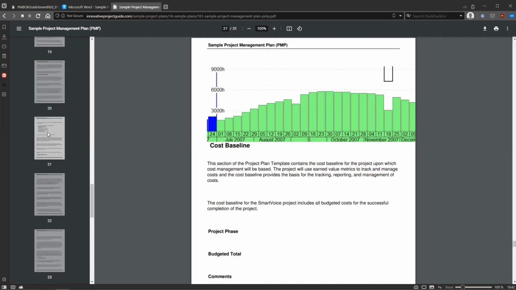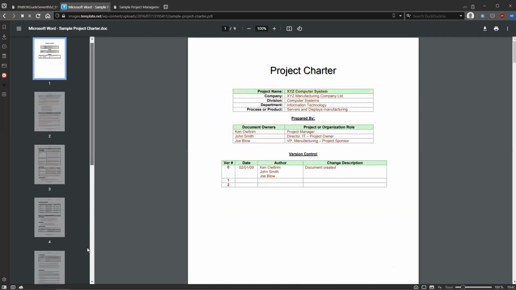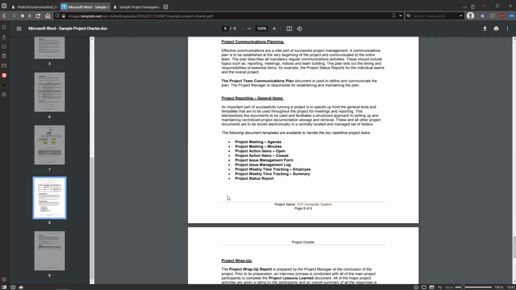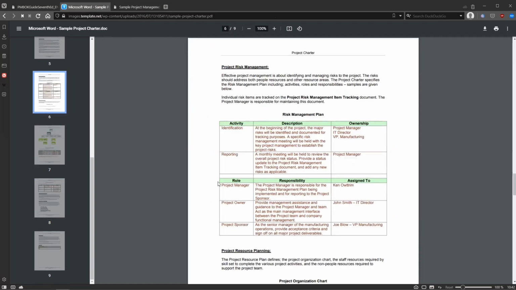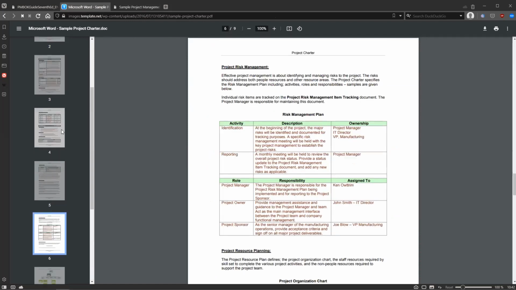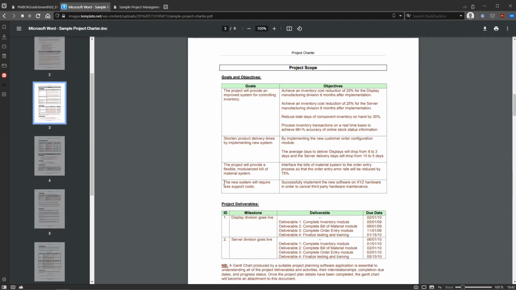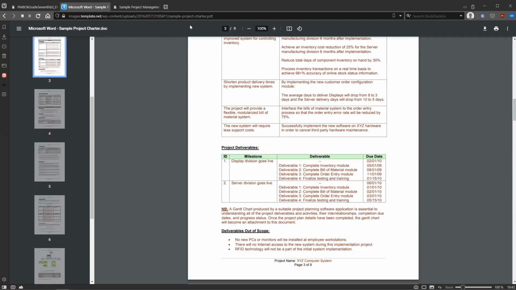Second. Actually, within the Project Charter, there are some samples that we can use. So let's see. No, they're not useful.